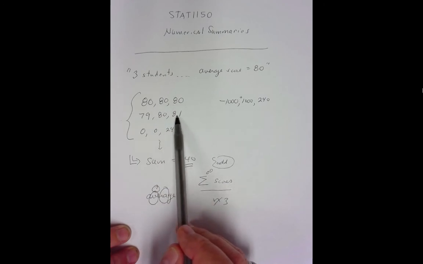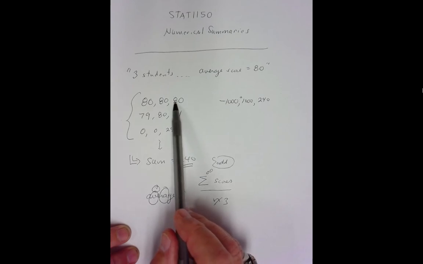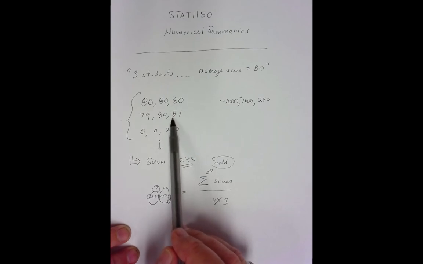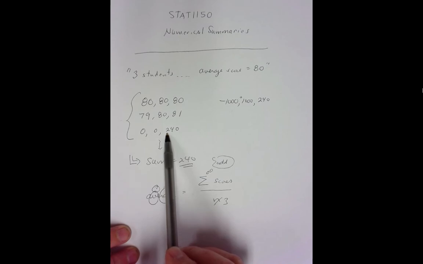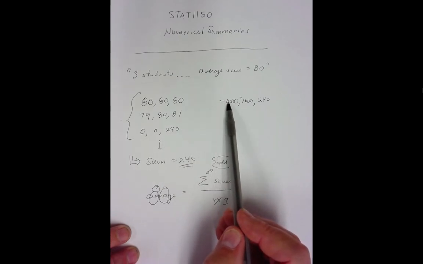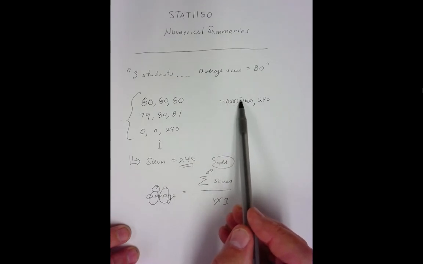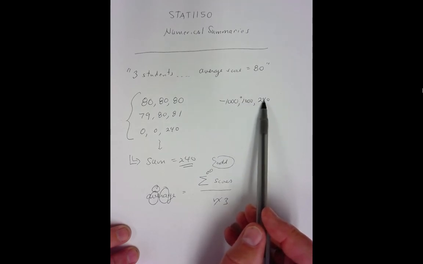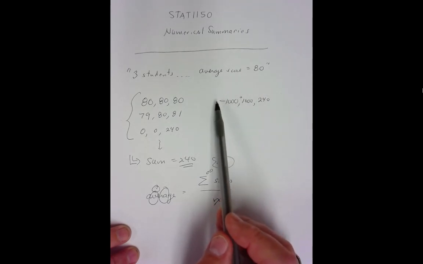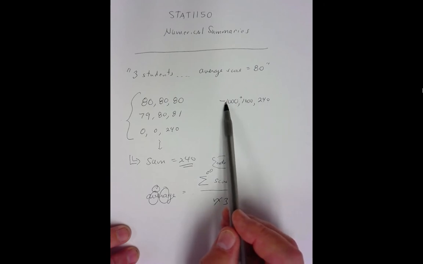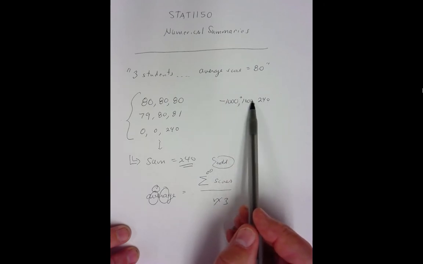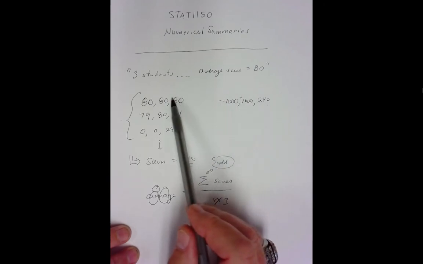There's a little bit more variation here than that data set, but there's not as much variation as there is in this data set. This is just wacky, from negative 1,000 all the way up to positive 1,000 with 240 in the middle. There's all kinds of variation in these scores. In fact, it ranges from negative 1,000 all the way up to positive 1,000, where this doesn't range at all. It doesn't vary at all.